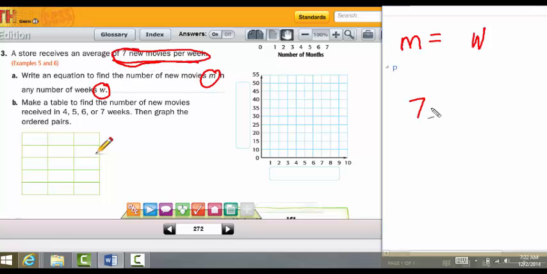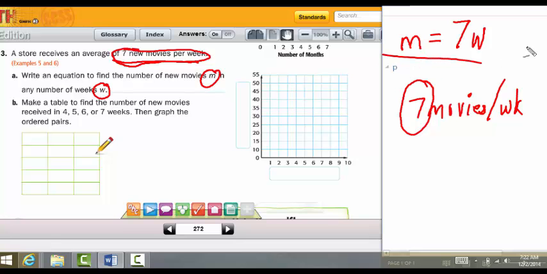We recognize that this is our unit rate, and a unit rate is actually the slope, and this of course is where our slope belongs, so it more or less defines our equation for us right off the bat. So we have movies equals 7 times the number of weeks. So our first answer is right here, M equals 7W.